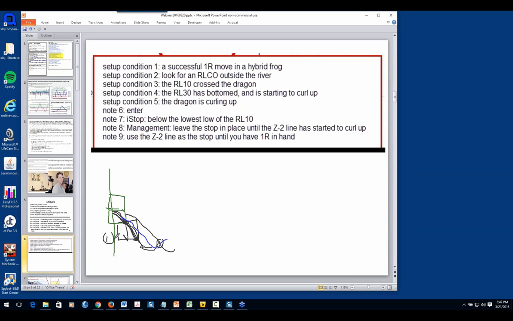So now we have pattern 1. We had a successful hybrid frog move, so that's number 1. Number 2, we have the RLCO has happened. Number 3, let's see, the highlighter is going to play the role of the dragon. The dragon rolls over pretty quick because it's a 10-period Bollinger Band, excuse me.